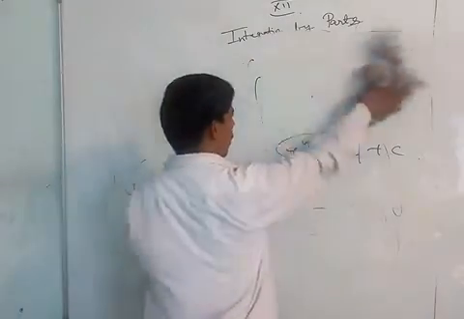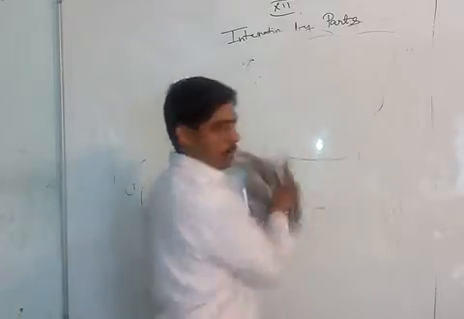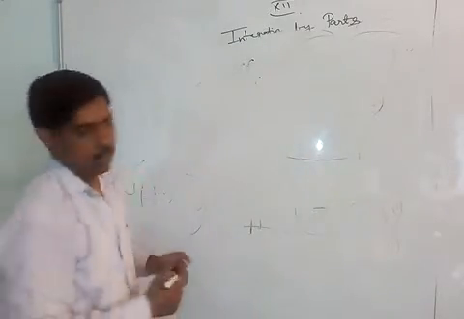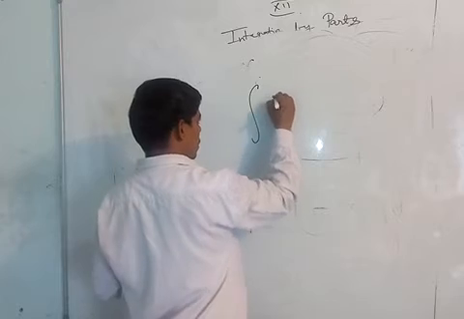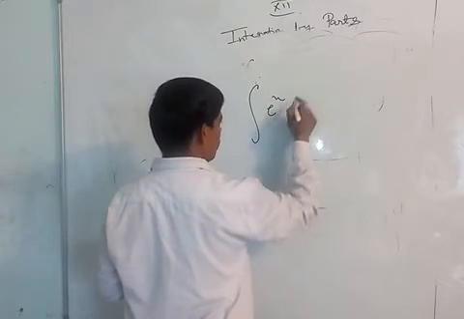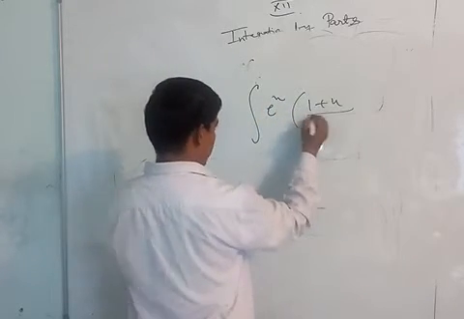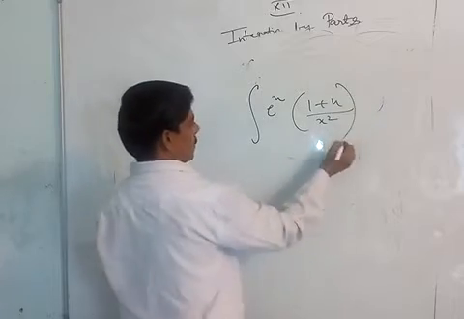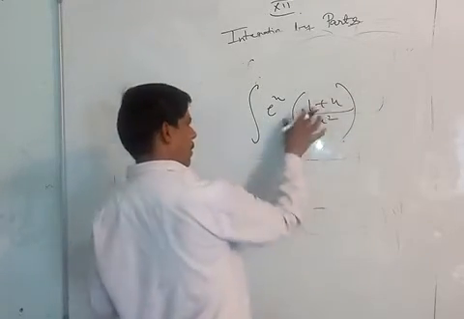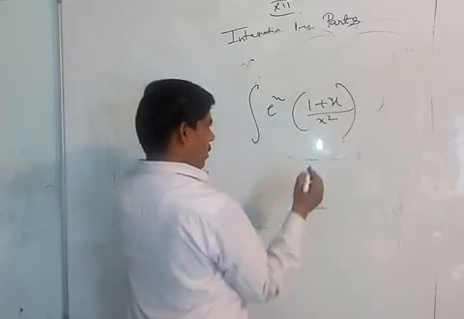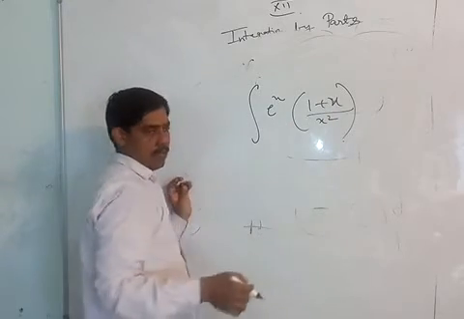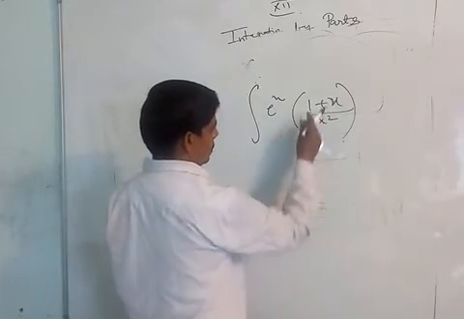Sometimes it is not visible what the derivative is, so you have to separate it out. And how do you separate it out? Suppose it is written 1 plus x upon x square, something like this. So you can separate the numerator and the denominator, 1 by x upon x square, something like that, and try to get some derivative.